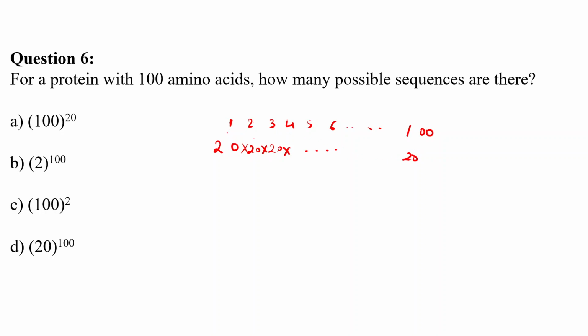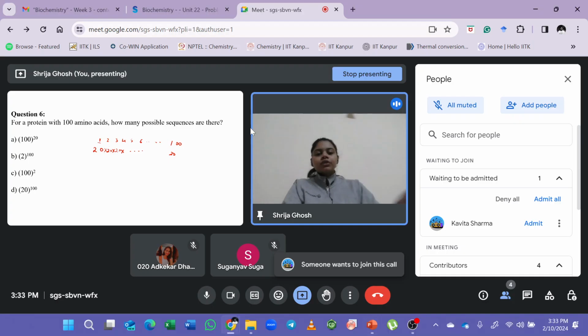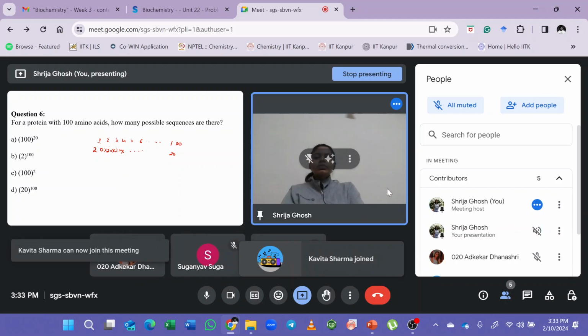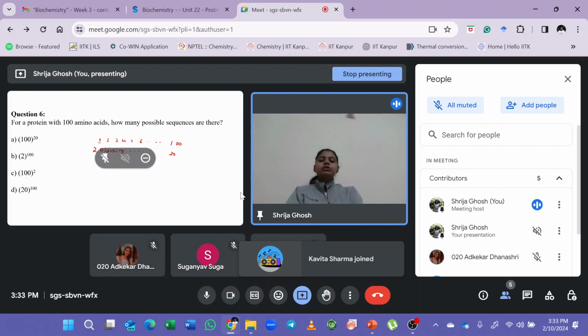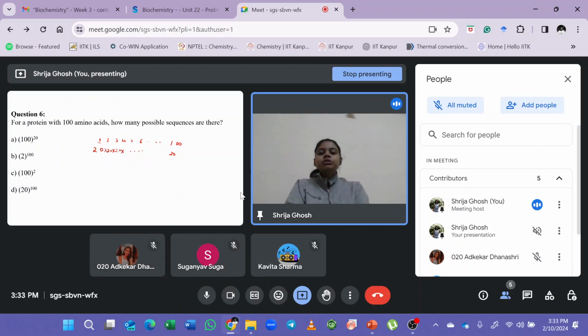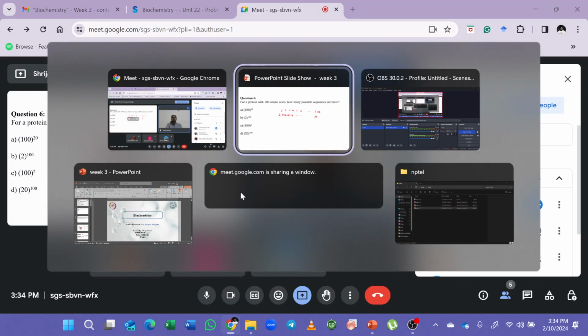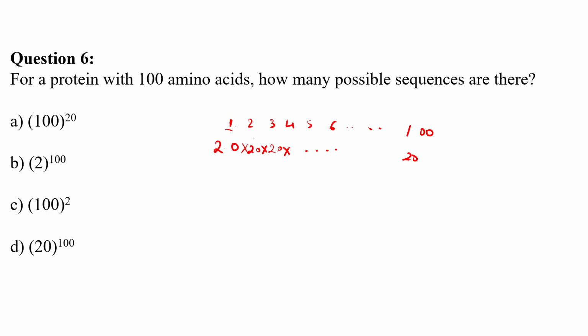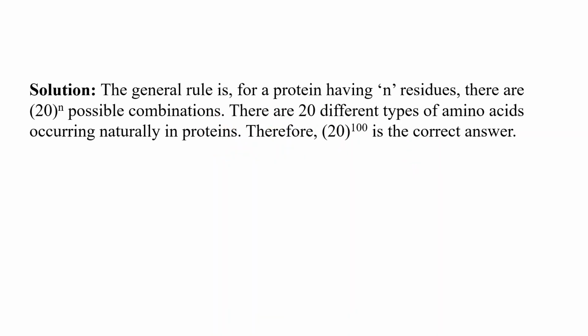Out of 20 amino acids, one will be the first residue, then again one of the 20 would be the second residue, then out of the 20 amino acids present in nature, we'll have the third residue, and so on. So total how many possible sequences will be there? There will be 20 into 20 into 20 up to 100 times, so 20 raised to the power of 100. The correct answer is option D, 20 raised to the power of 100.